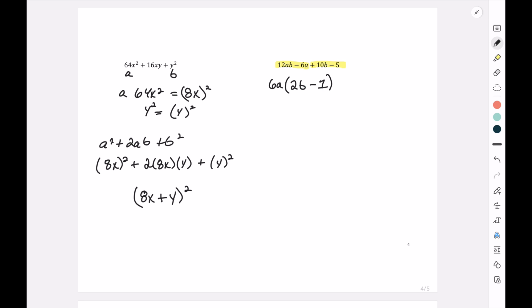And since we want this 2b minus 1 to return, we can pull out a positive 5, and we'll get 2b minus 1, and we'll get an answer of 6a plus 5 times 2b minus 1.